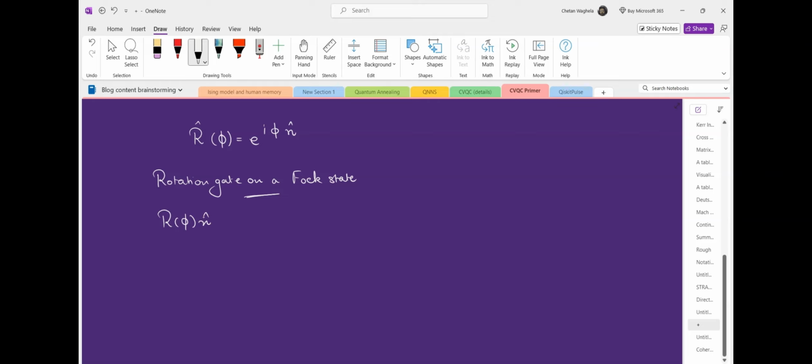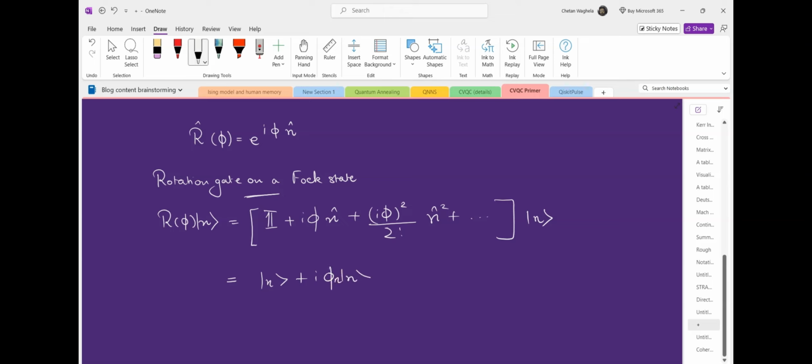R phi acting on n is equal to, we open the exponent in the Taylor series, n cap plus i phi squared by 2 factorial into n cap square and so on acting on n. This will give us n plus i phi n n plus i phi squared by 2 factorial n square n plus so on.